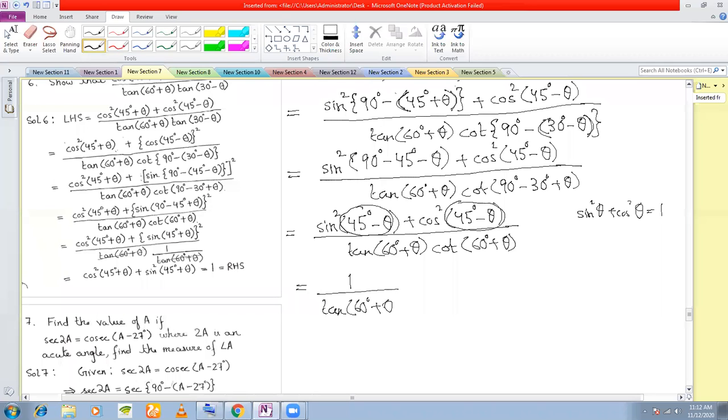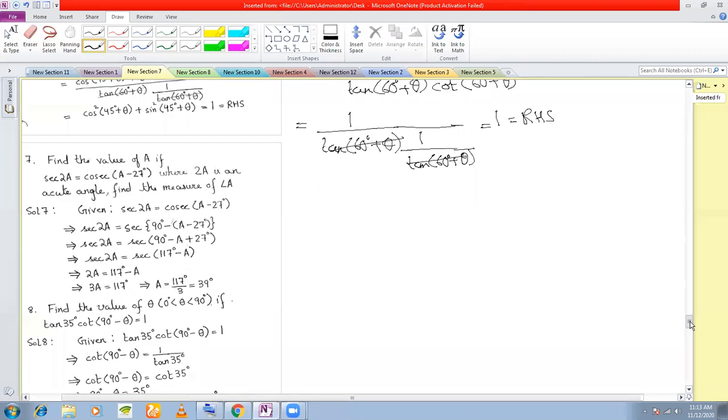So what you do is you write cot as 1 by tan. So these two cancel. So you simply get 1, which is equal to your right hand side. Okay. So that is an important sum. So move on to the next sum.